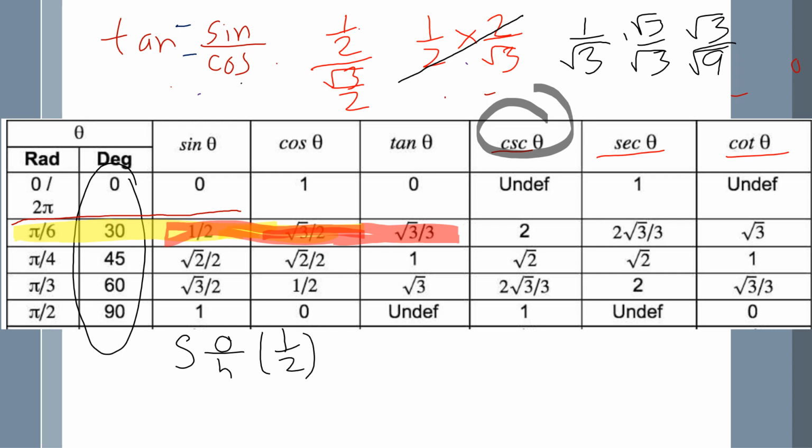But if we flip it over, because remember, cosecant is going to be hypotenuse over opposite.